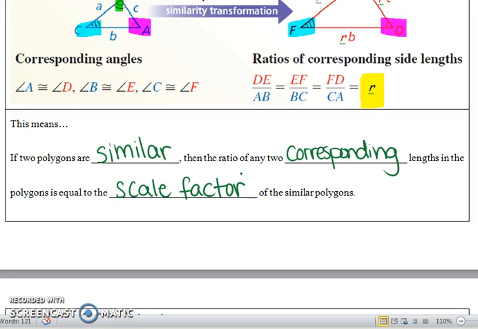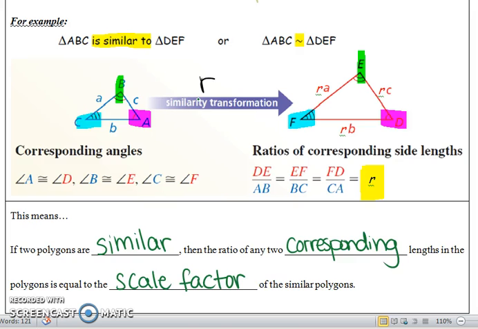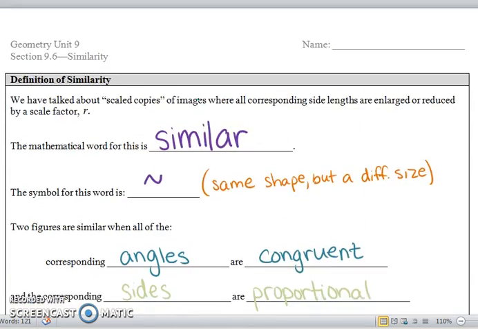So this is so similar to the concept we've been talking about lately with scaled copies. If you find any two corresponding sides or any two corresponding lengths and you write the ratio between them, that ratio will be the scale factor. So that concludes the notes on the front page.